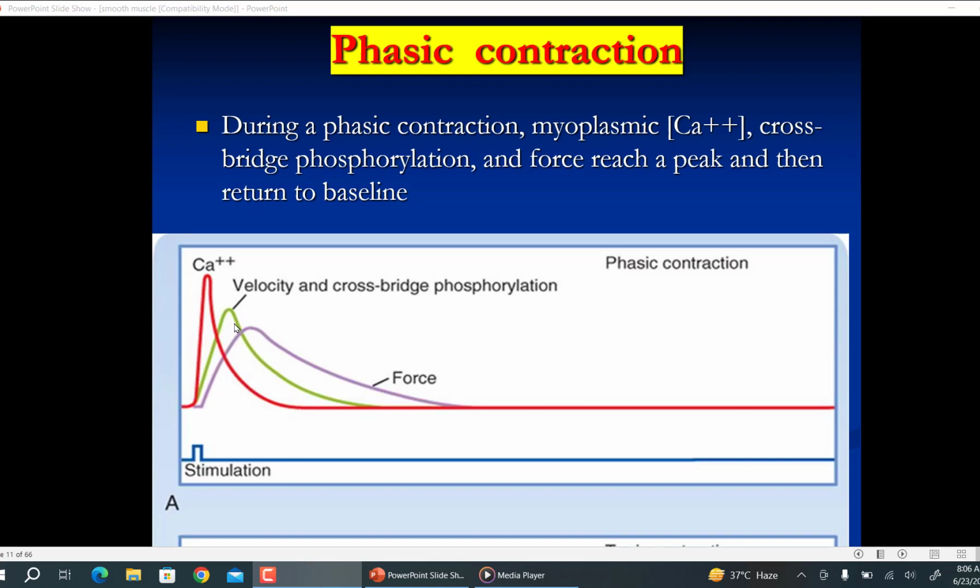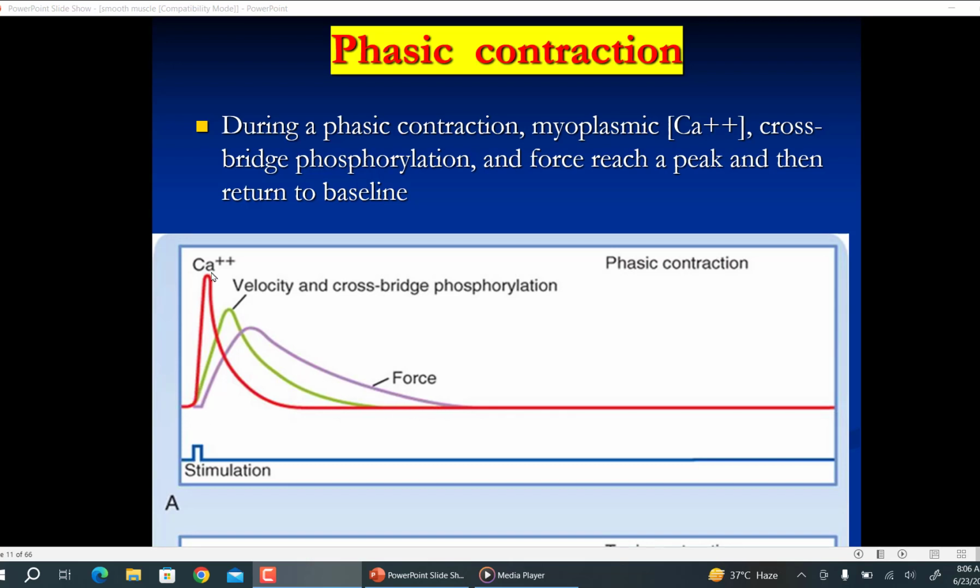It is rapidly contracted, so the velocity is more and there is more phosphorylation of the cross bridges of the myosin head, and the force of contraction also reaches the peak, and then they come back to the baseline.